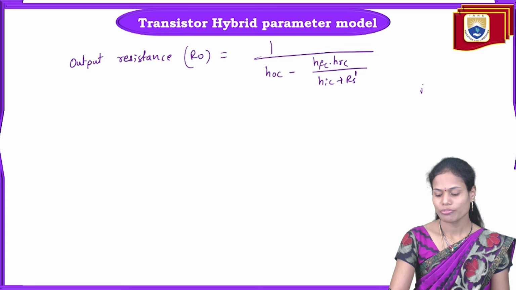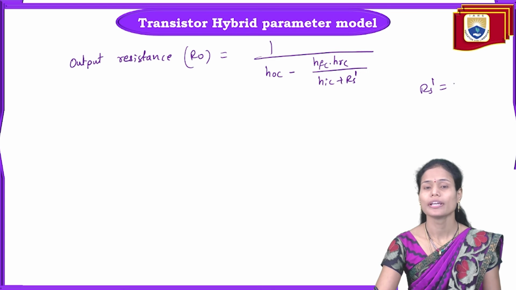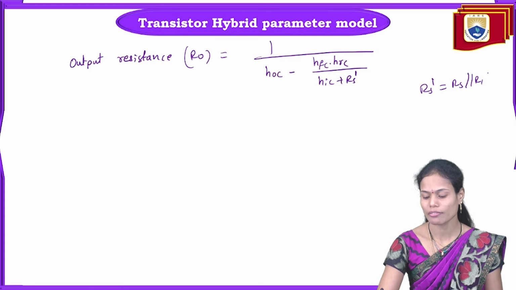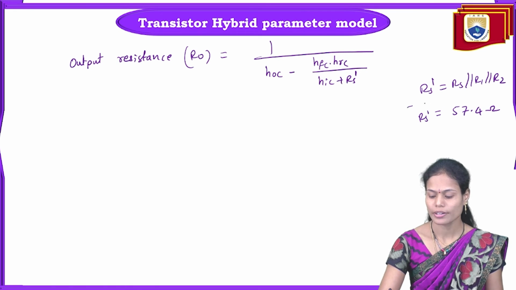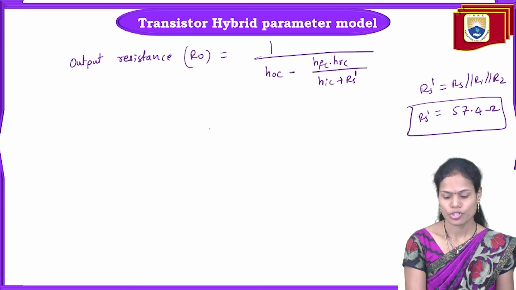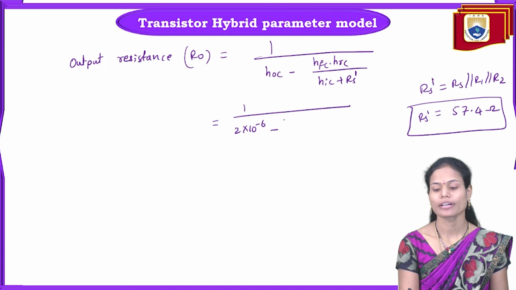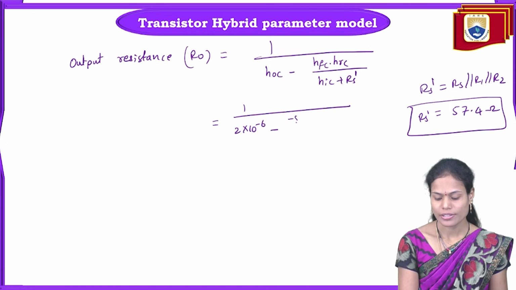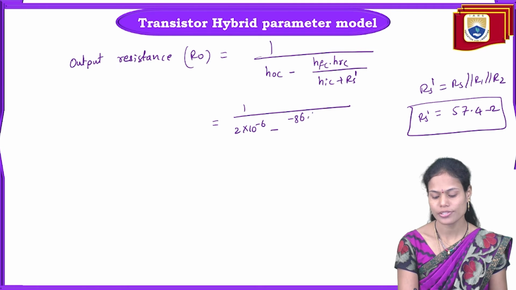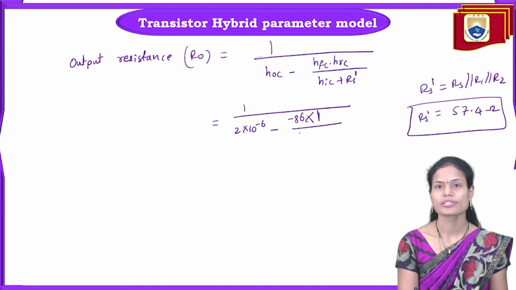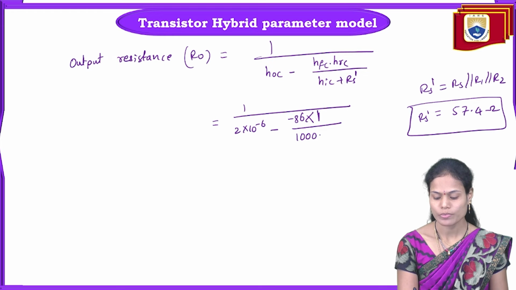To find RS dash, that is the input impedance, that is RS parallel with R1 parallel with R2, we have already calculated this as 57.4 ohms. So substitute all the values here. 1 by HOC value is 2 into 10 power minus 6, forward current gain HFC is minus 86, HRC value is 1 and HIC value is 1000 ohms plus RS dash is 57.4.